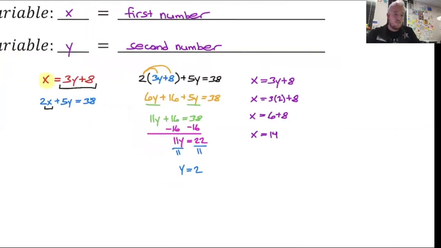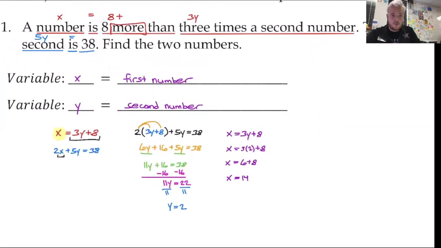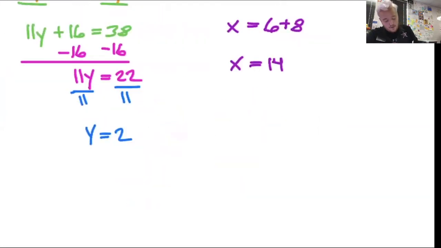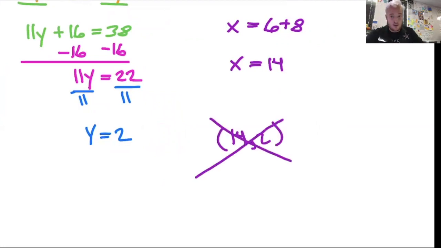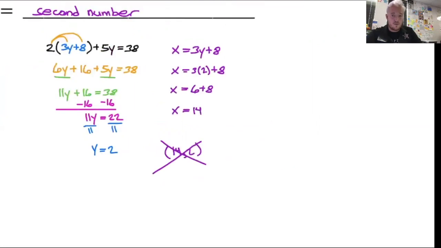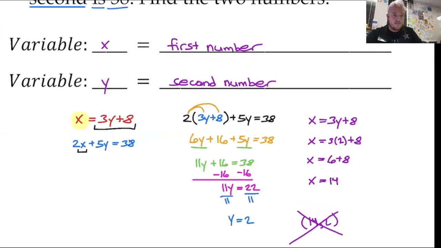Because these are applications, your final answer is actually not just going to be a coordinate. If you just write 14 comma 2 and circle the coordinate, it's actually not right. You have to be very specific in the way you answer it. So this is where you have to go back and reference your variables up here. We say the first number is your x value, and then the second number is your y value.